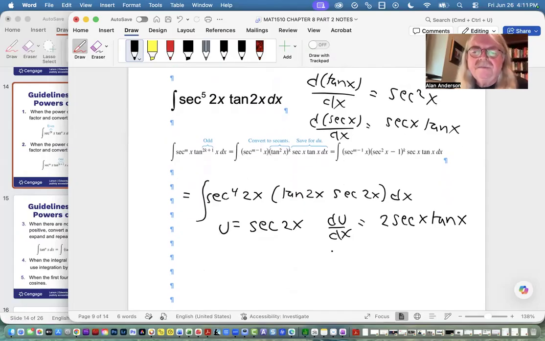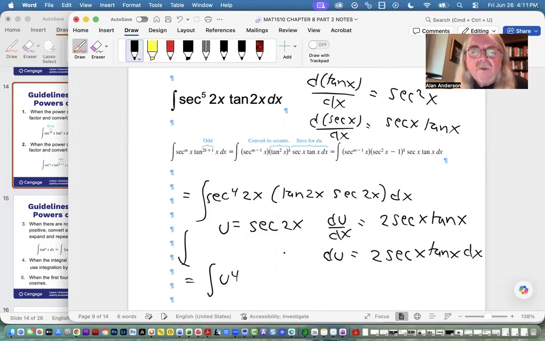Okay. And that 2 is here because of the chain rule. That's the derivative of 2x. And we do have that. I think we're in pretty good shape now. Which means we have u to the fourth. We don't have the 2 though.